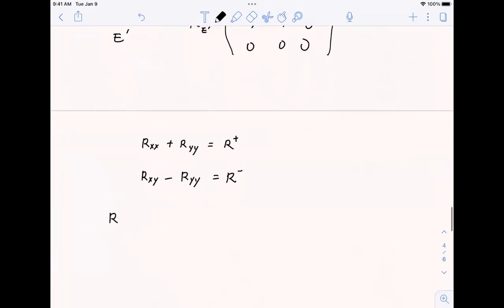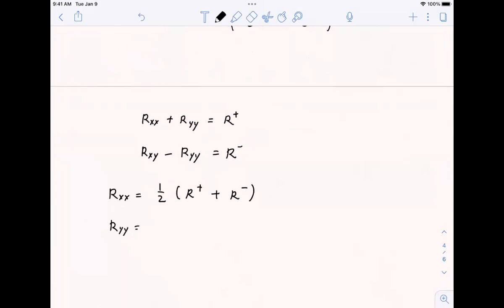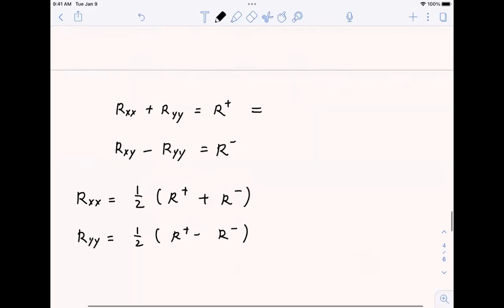So you can see that this one will be 1/2, and then this one minus. Okay, my typo.